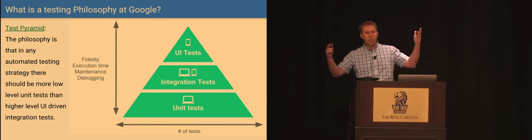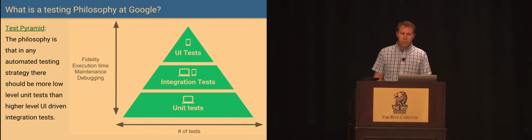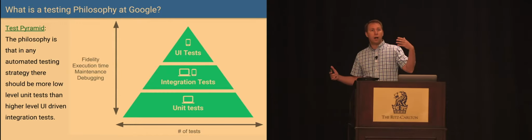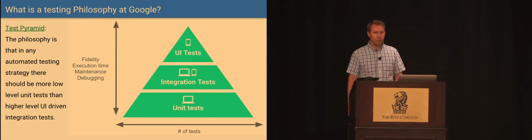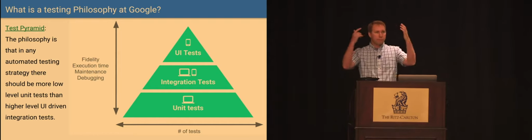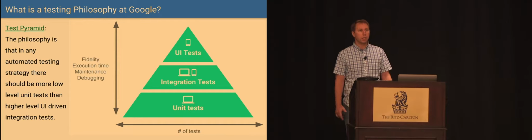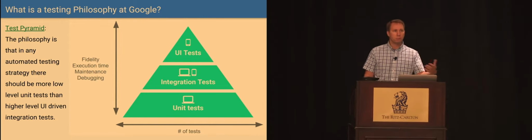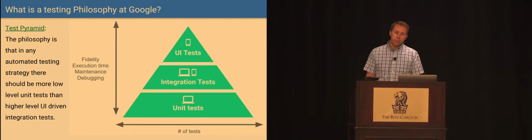The second layer is integration tests, where you make sure that you test the integration of different units of code. And on the top, you have UI tests, which exercise your applications or SDKs from the UI level.